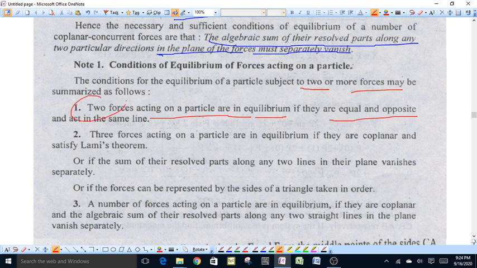If we have three forces, then according to Lami's theorem, the magnitude of any force upon the sine of the angle between the other two must be equal to the magnitude of the second force upon the sine of the angle between the other two, and the third force upon the sine of the angle between the other two. That is, Lami's theorem must be satisfied for the equilibrium of three forces acting at a point.